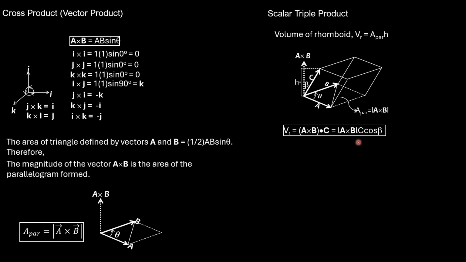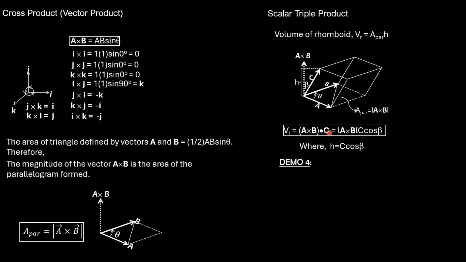Since we interpret this as the area of the base, the area of the parallelogram, and C cosine beta is H, the geometric meaning of A cross B dot C is the volume of this rhomboid.